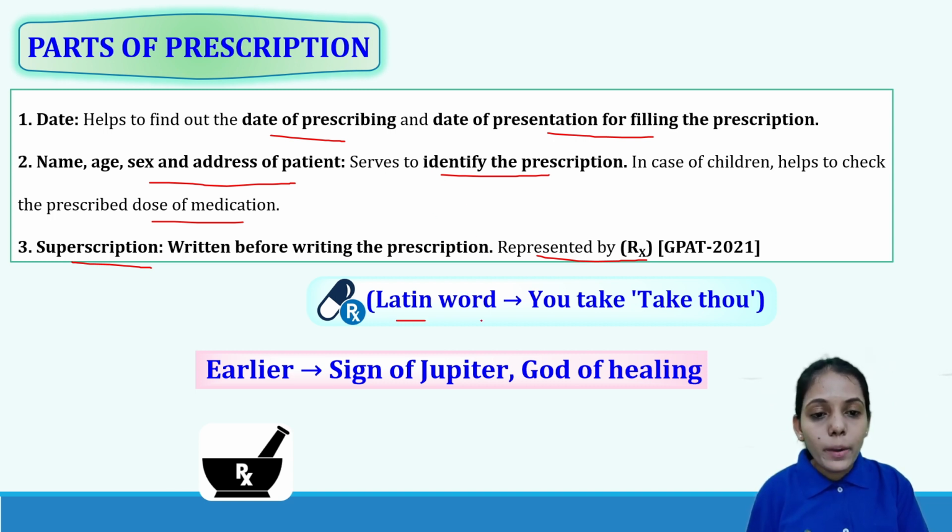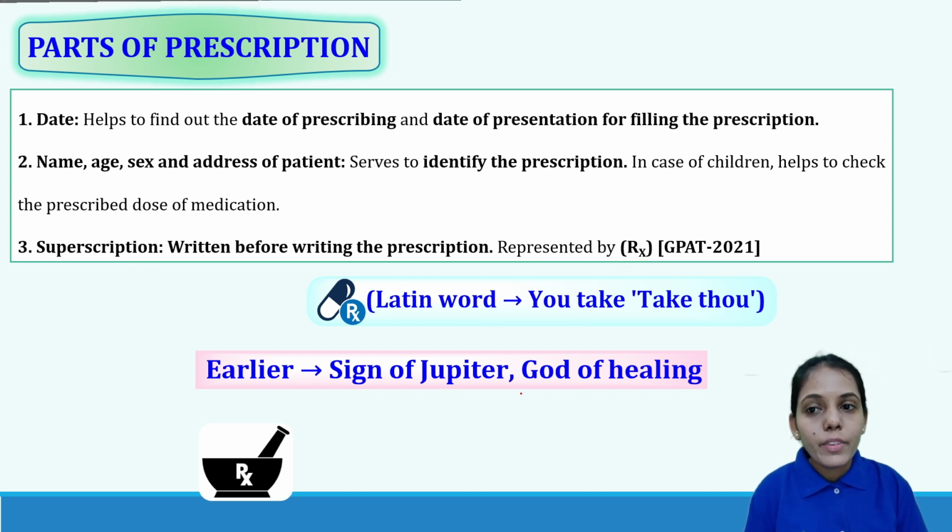It is a Latin word, meaning you take, or take thou. Another meaning is to recover, so that the patient recovers fast, or it is known as the god of healing, and it is a sign of Jupiter. So this is written by the physicians to help the patient recover fast. So RX, remember, that is the superscription.